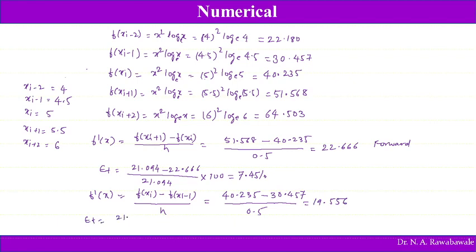So the true error: the true value is 21.094 minus 19.55 divided by 21.094, into 100. So the error is going to be 7.29%.